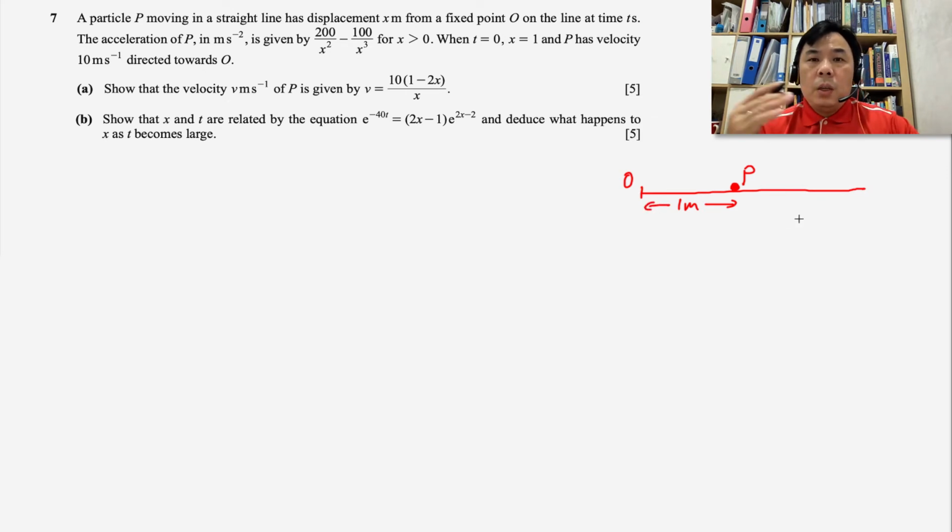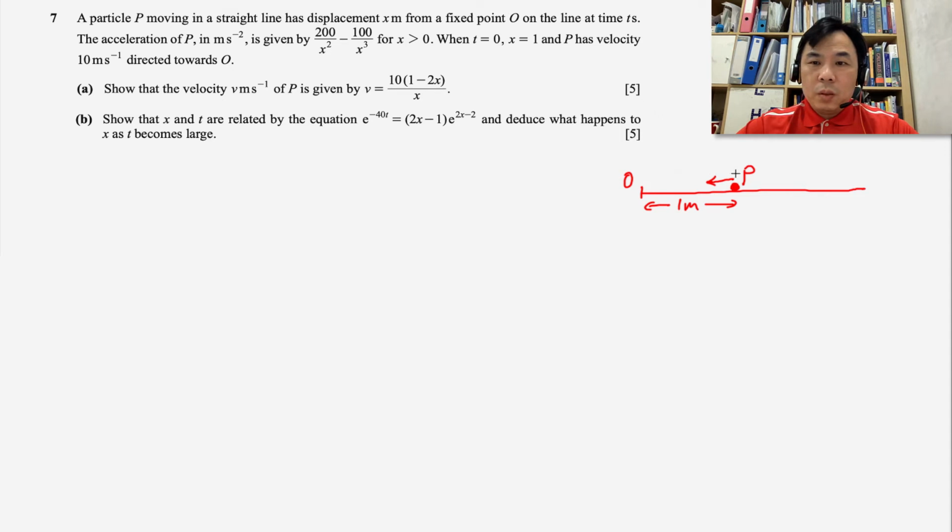And then it also says that initially the particle is moving at the speed of 10 meters per second directed towards O. Now this direction here, based on the mathematical frame that we are using, we assume that moving to the left is negative.